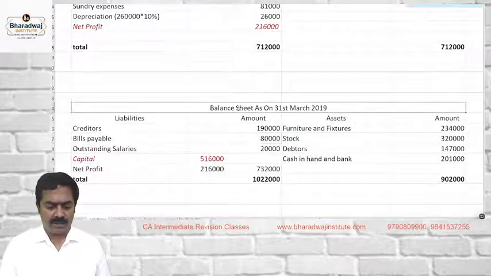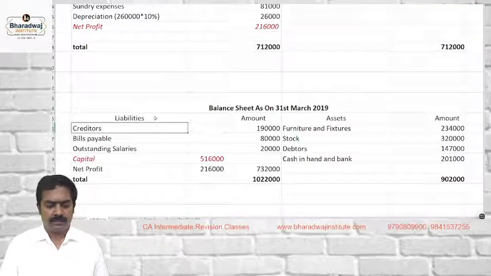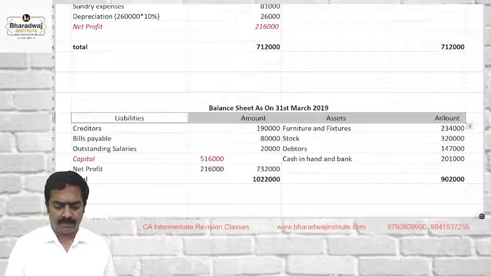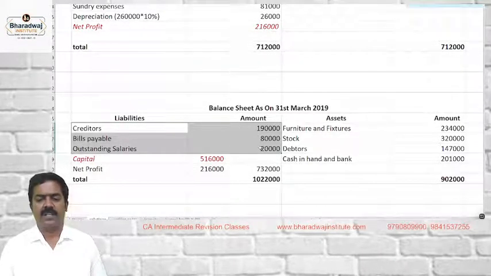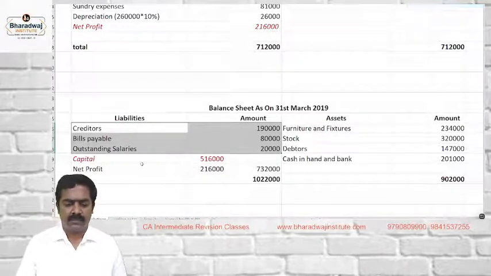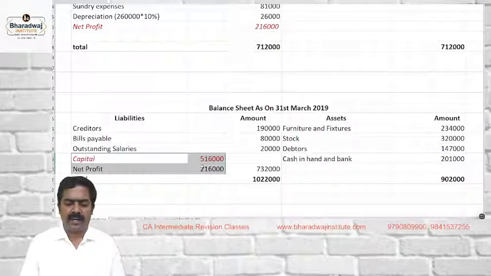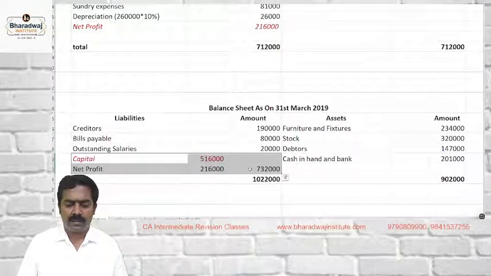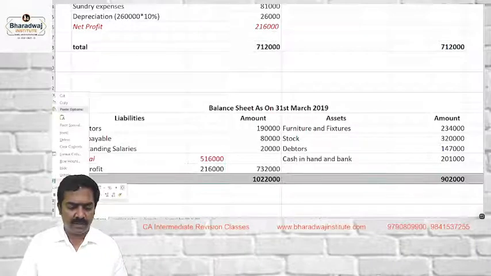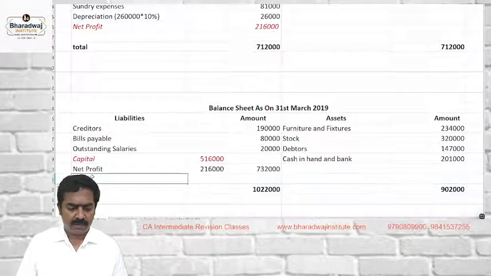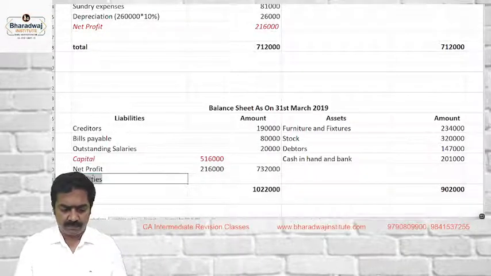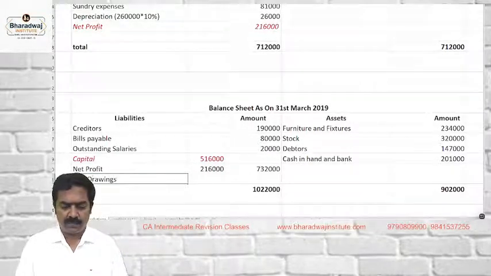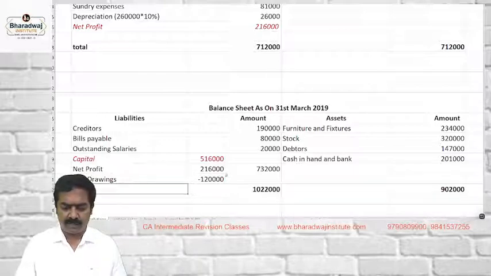Check your balance sheet. Creditors, bills payable, outstanding salary will come. Then capital, add net profit, you get what? Oh, drawings, not drawings. Less drawings. 1 lakh?